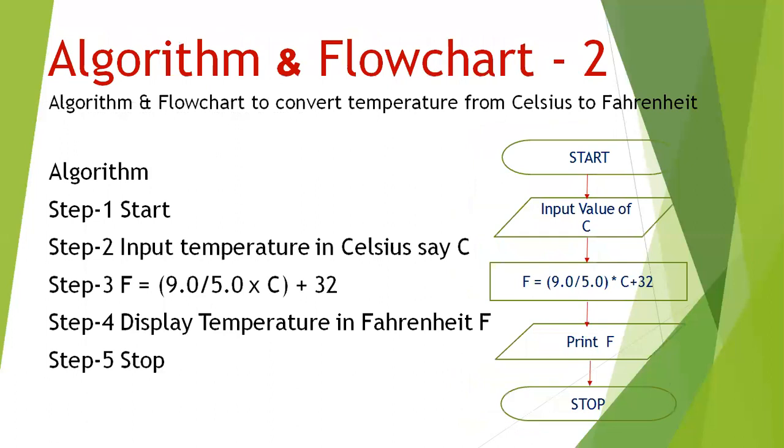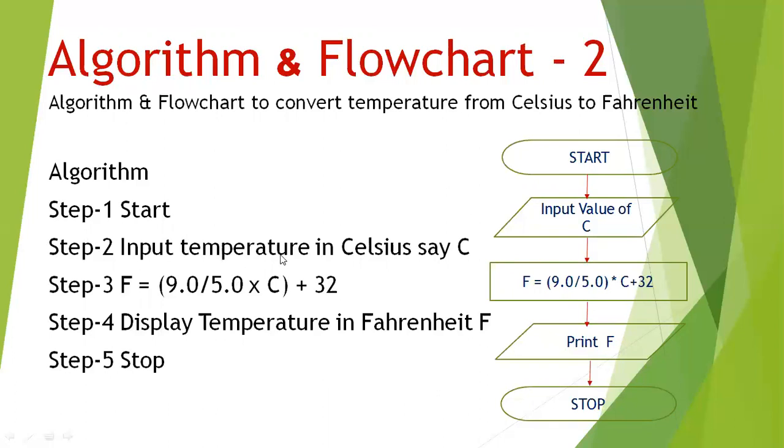Now let us see the next example of writing an algorithm and flowchart. Here I have written an algorithm and flowchart to convert the temperature from Celsius to Fahrenheit. We have written this algorithm in 5 steps, so we have 5 symbols. The first one is start and the last one is stop. Starting and ending symbols are represented with oval symbols.